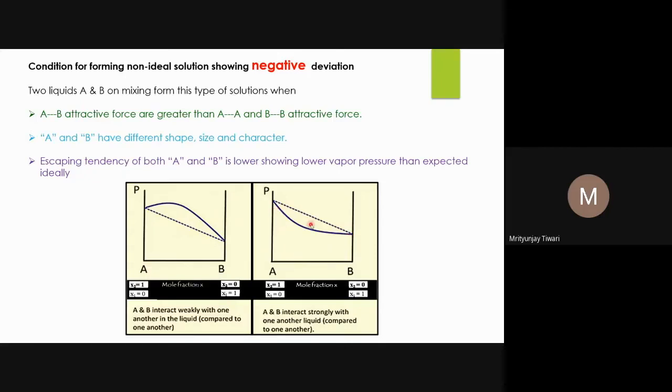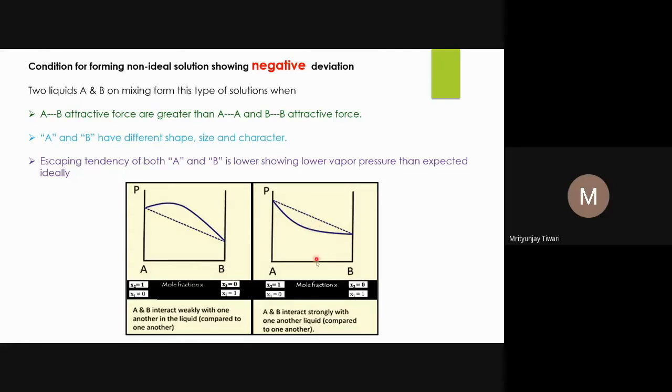We obtain this graph because this shows negative deviation from Raoult's law. At a certain higher concentration of nitric acid, somewhere here, the vapor pressure will be lowest, and that means the boiling point will be maximum for this mixture.